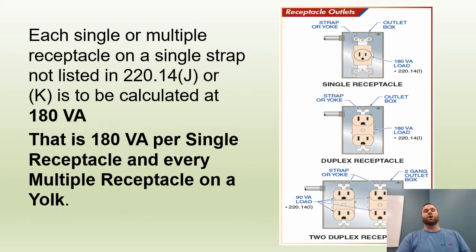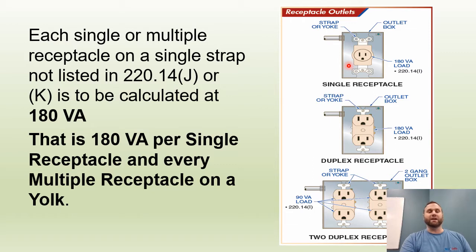When it comes to our receptacles in a general facility, I believe we're talking about anything not listed in 220.14(J) or (K). Each of those receptacles is to be calculated at 180 volt-amps per yoke. That's 180 volt-amps if it's a single receptacle, very much like this guy right here. There's a single receptacle.